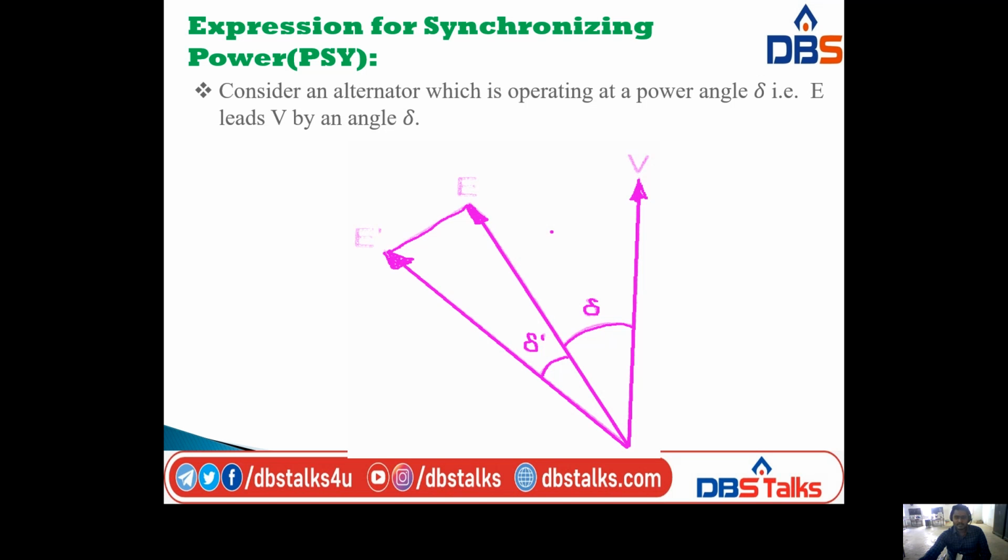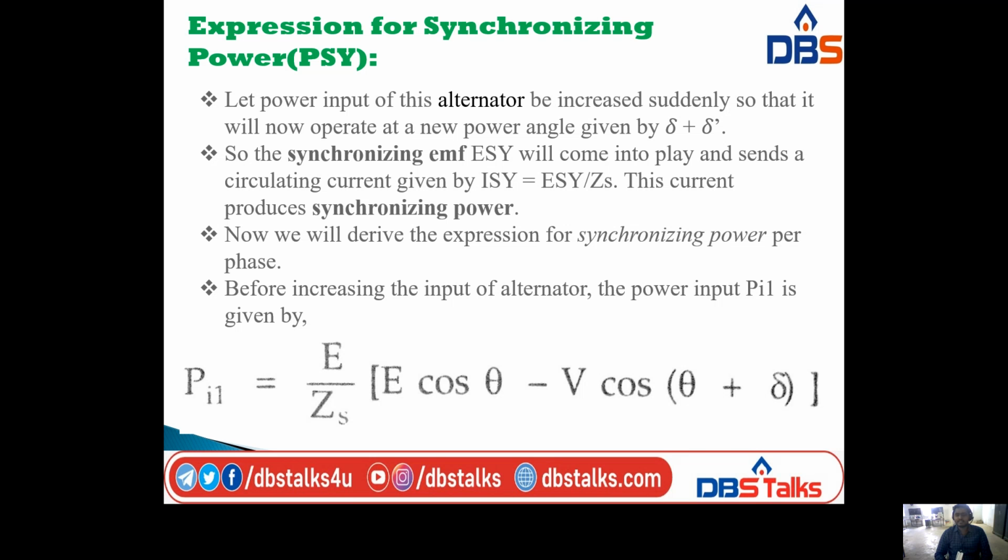Next, let the power input of this alternator be increased suddenly so that it will now operate at a new power angle, that is delta plus delta dash. Actually the angle is delta, but whenever the alternator power input is increased suddenly, it will operate at the new power angle delta plus delta dash.